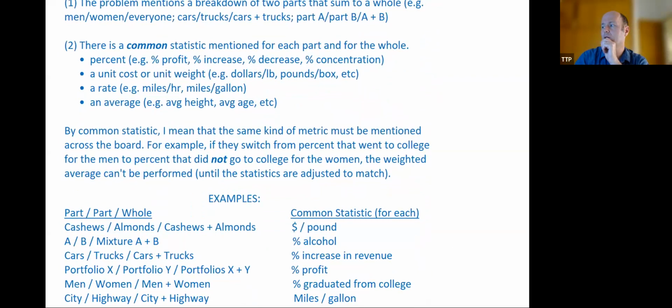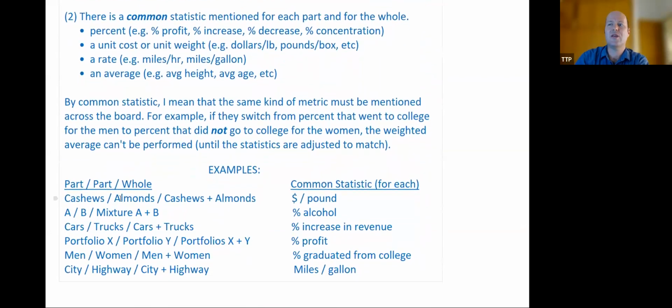So here are some examples of what I mean when I say a common statistic. So let's say you were dealing with cashews plus almonds. Okay, the common statistic in that case would be the price per pound. Okay, so it's a mixture problem, and you have a price per pound for the cashews, for the almonds, for the cashews plus almonds.